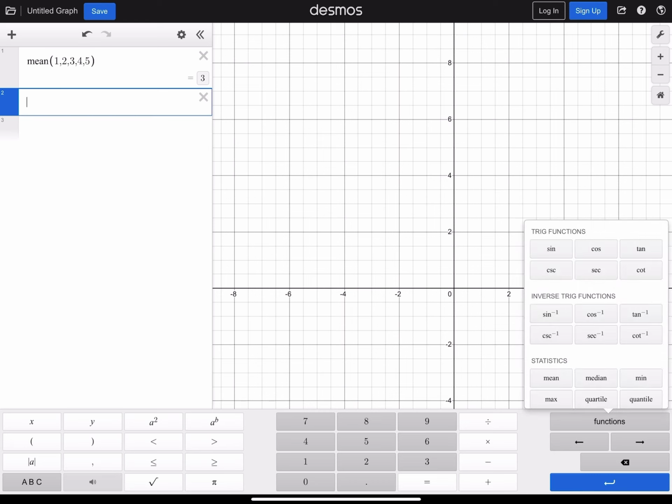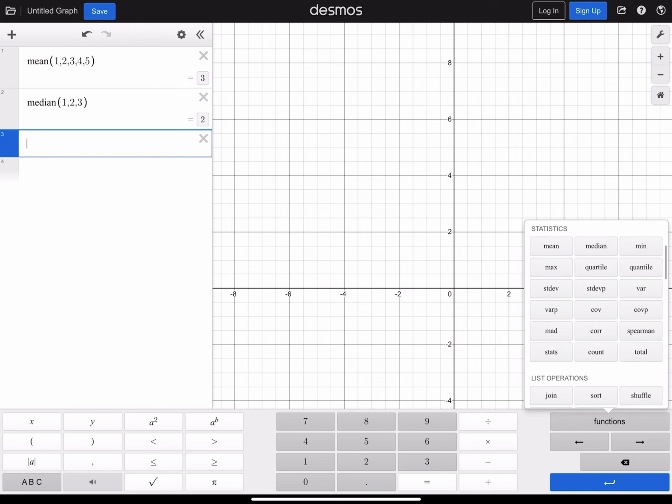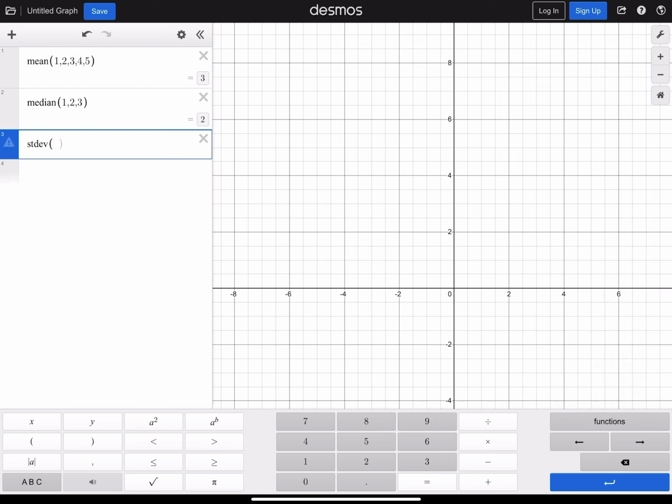You can also find, if we go back to statistics there, the median of a data set. Let's just do that for example. And then we can also do standard deviation, and it's right there next to those other ones as well. Again, with each of those items in a list being separated by a comma. And that's mean, median, and standard deviation.